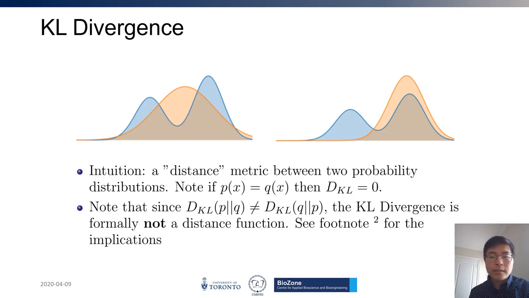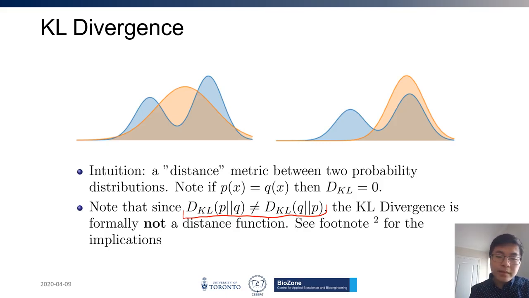A brief word on KL divergence. It is not a distance metric, because the KL divergence function is not symmetric. In mathematics, there are 3 properties that make a distance function a distance function, and one of them is being symmetric.